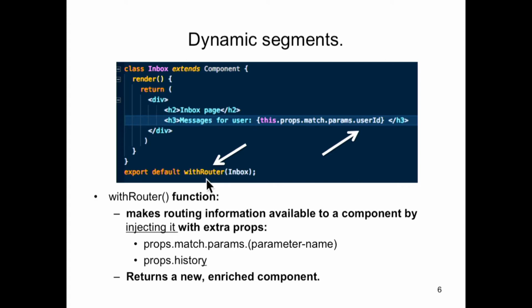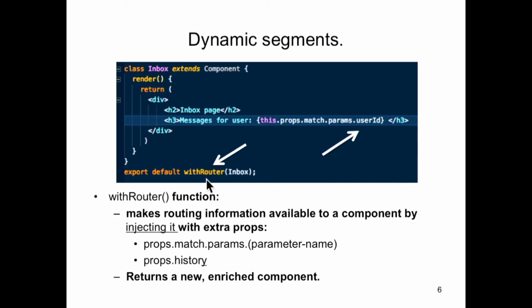Okay, so it's a standard function, but it's quite a special function. It's referred to as a higher order component function. A higher order component function is a function that takes a component and returns a component. And as I said, typically what it does is it enriches your component with some extra stuff.